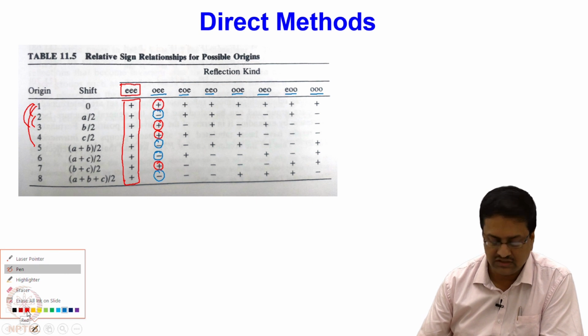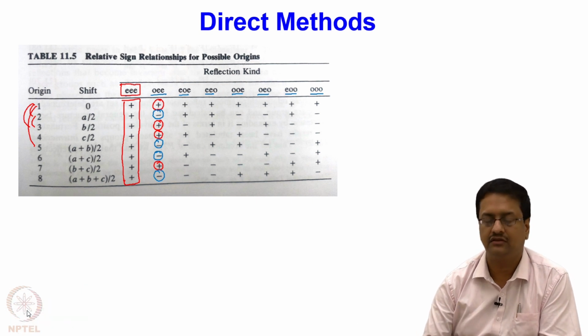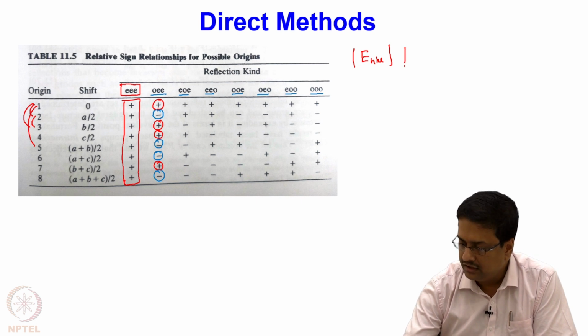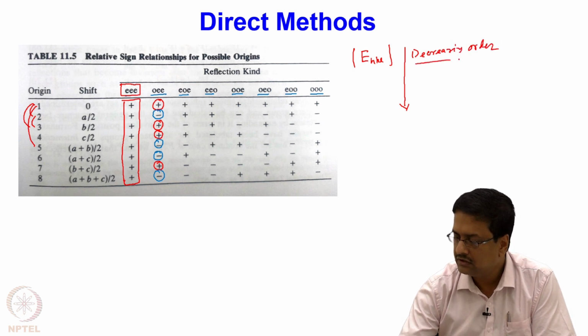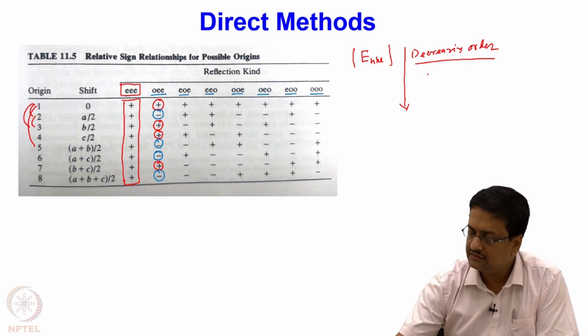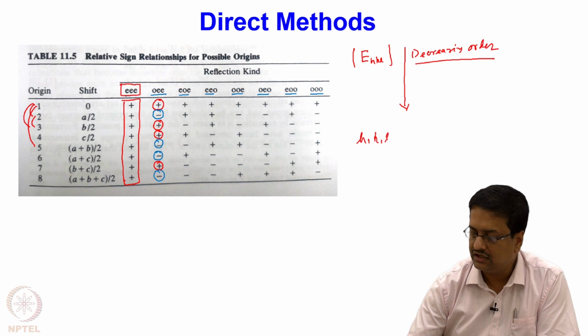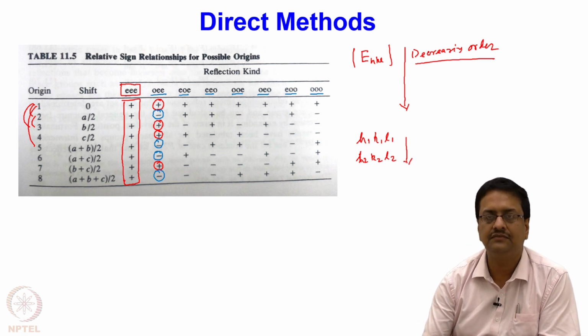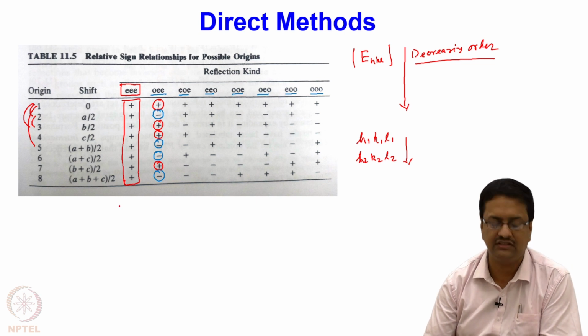So when we have such a situation, then depending on the data set, what we first do is arrange them with the |E_HKL| values in the decreasing order, and then identify some reflections H1, K1, L1, H2, K2, L2 from top to bottom, and then arbitrarily first assign their phases to be either positive or negative.